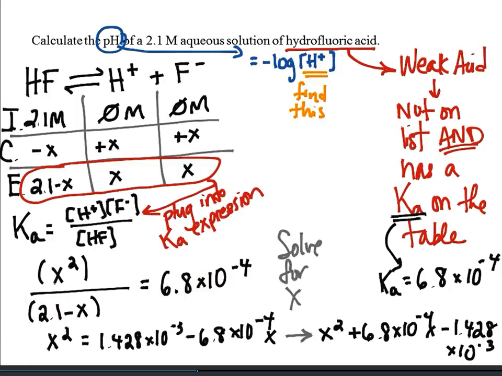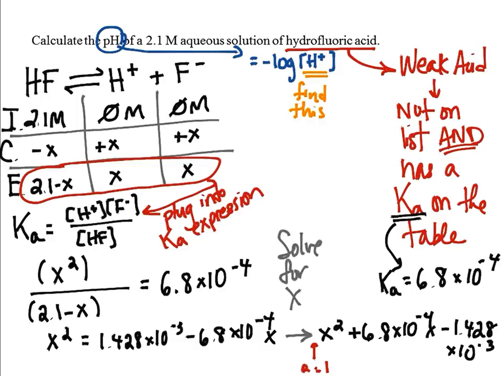So I combined the step of multiplying both sides by 2.1 minus x with multiplying that binomial by this 6.8 times 10 to the minus 4. So I combined 2 steps into one between this first expression and the second expression. And then I just rearranged this expression to be in the form of a quadratic so that I can use the quadratic equation. So A is 1, B is 6.8 times 10 to the minus 4, and C is negative 1.428 times 10 to the minus 3.